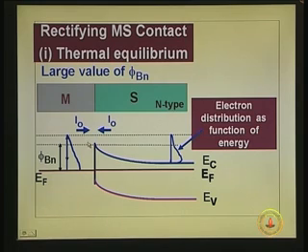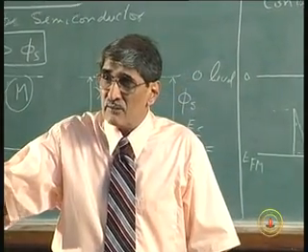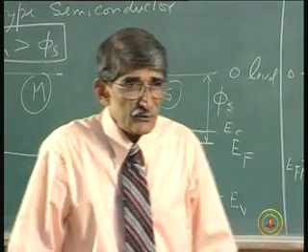You can see this is the barrier which you call phi Bn, the barrier for electrons. So, the electrons which are above this can cross that, and the electrons which are above this can cross that. So, what has happened is the Fermi level when it adjusts, the number of electrons which are there above that barrier on the left hand side is equal to the number of electrons on the right hand side, it matches. That is why the current is 0.